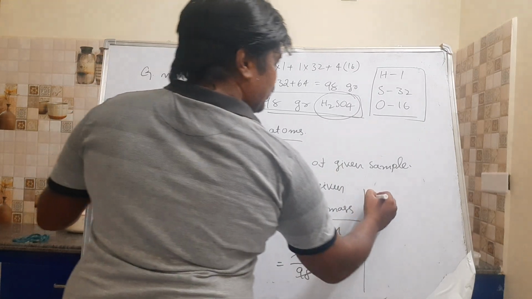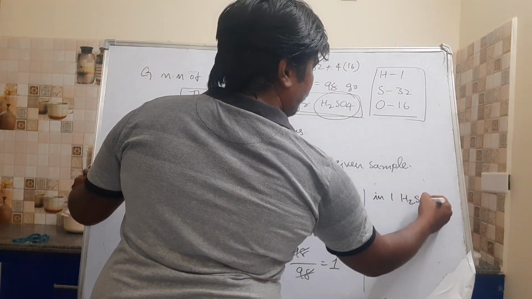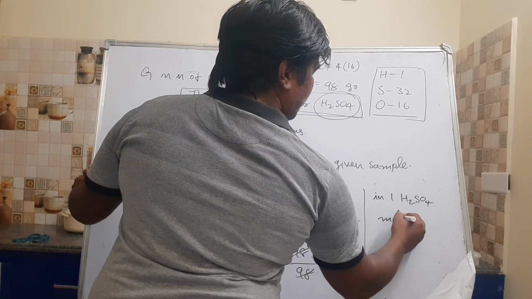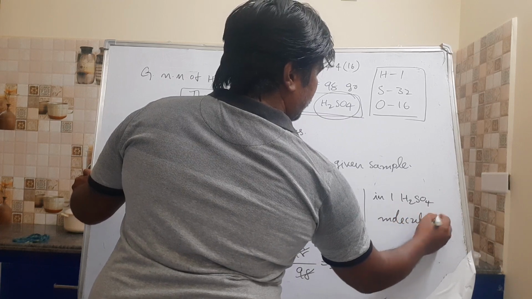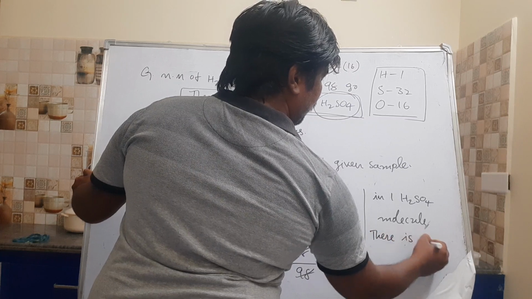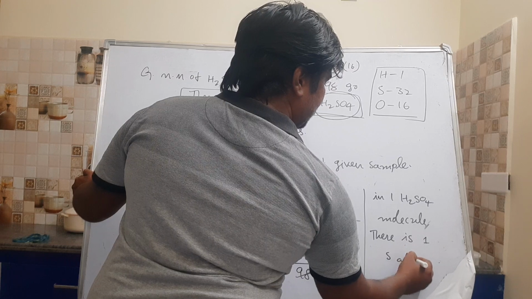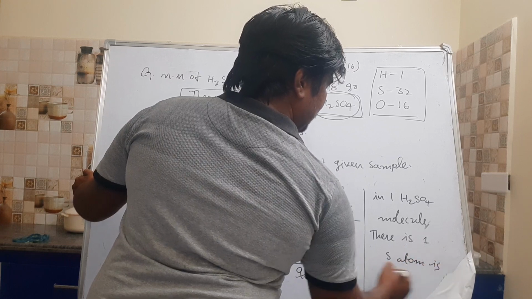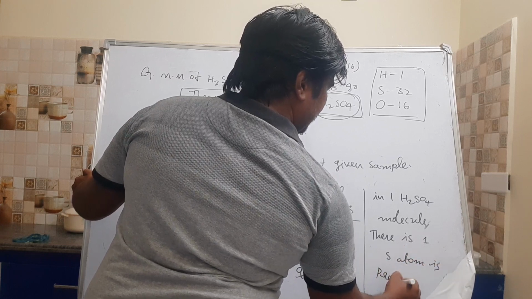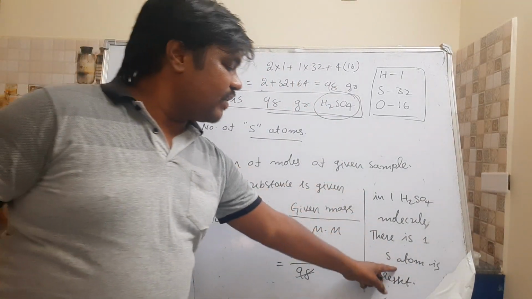So in 1 H2SO4 molecule, one sulfur atom is present, right? So in one single molecule, one single sulfur atom is there.